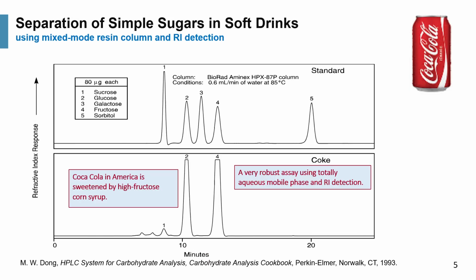Here is an application which was performed quite a while ago, showing the separation of simple sugars in soft drink, with a sample of Coca-Cola, using a calcium-based resin column, using just water as the mobile phase at a pretty high temperature of 85 degrees, using a refractive index detector, separation of the 5 simple sugars.